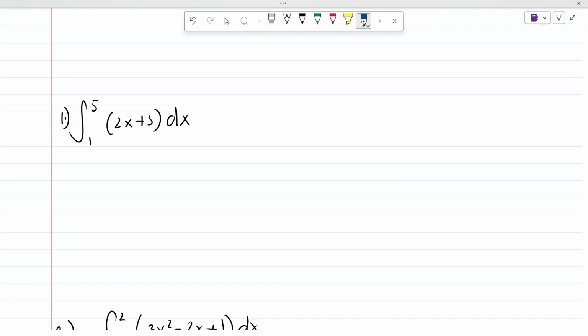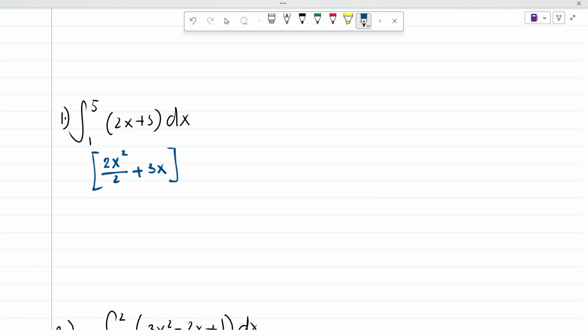The lower limit is 1 and the upper limit is 5. Since you already know indefinite integrals, this will be 2x squared all over 2 plus 3x.